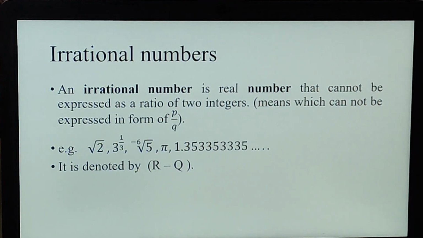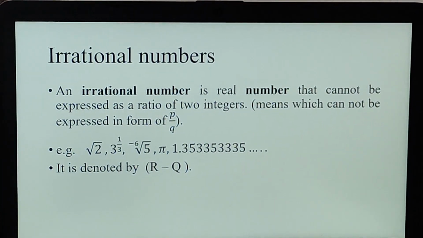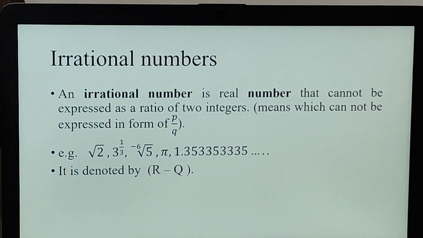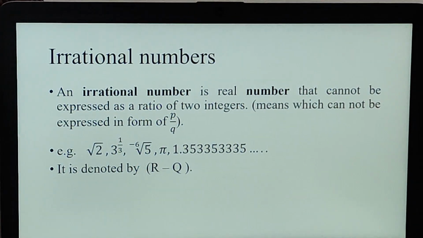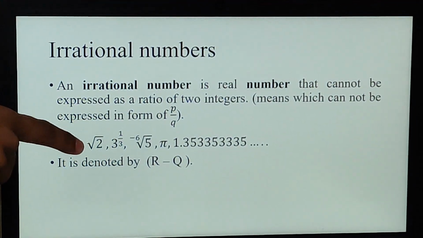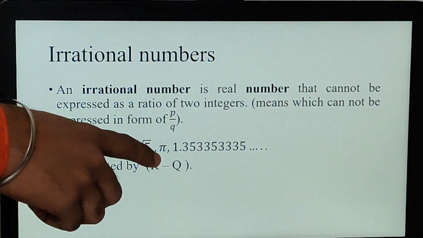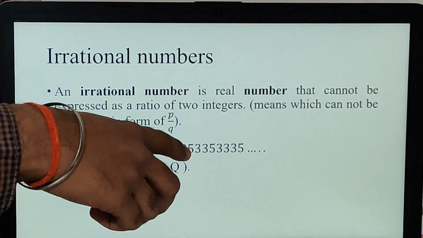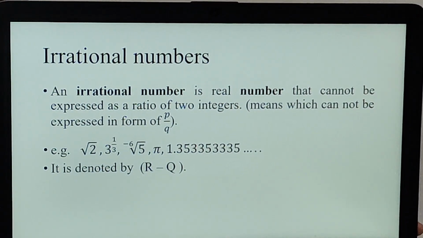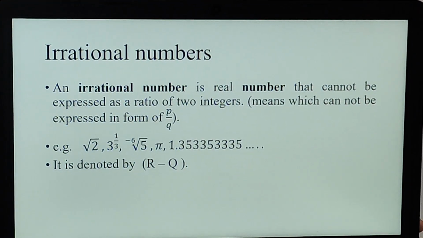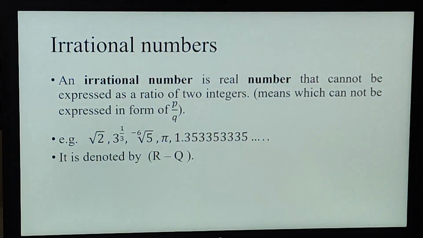Irrational numbers are those numbers which cannot be expressed in p by q form, like root 2, 3 to the power 1 by 3, cube root of 3, pi, 1.35335. All these numbers are irrational numbers, and the set of irrational numbers is denoted by R minus Q.